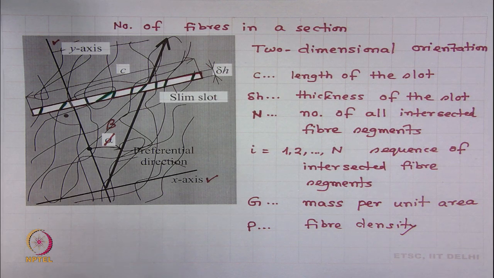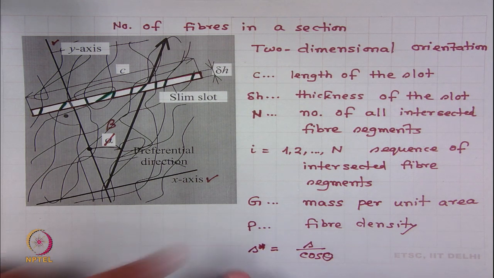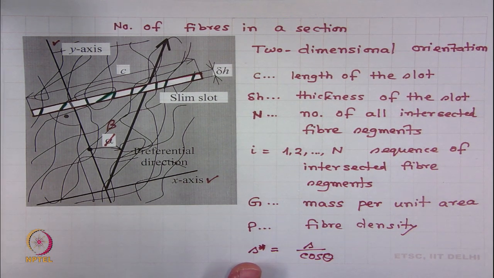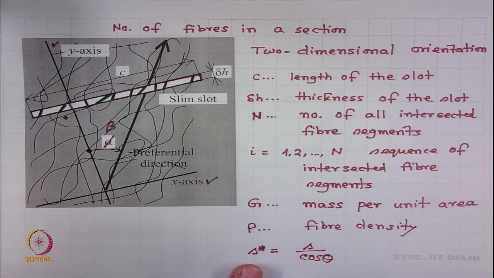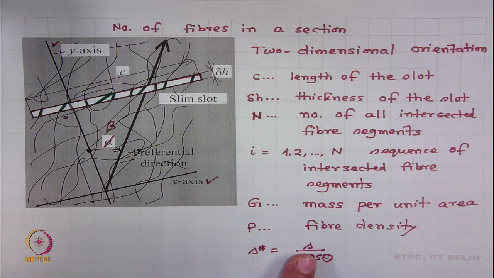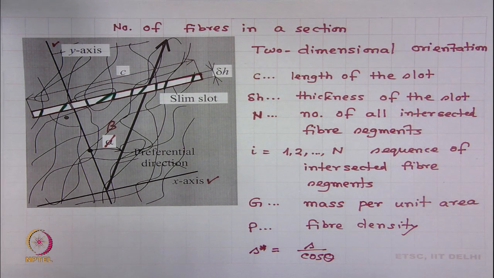And we also use this relation S star by S cos theta. What is S star? S star is the sectional area of a fiber segment and capital S is the cross sectional area of a fiber segment, theta is the angle of inclination.